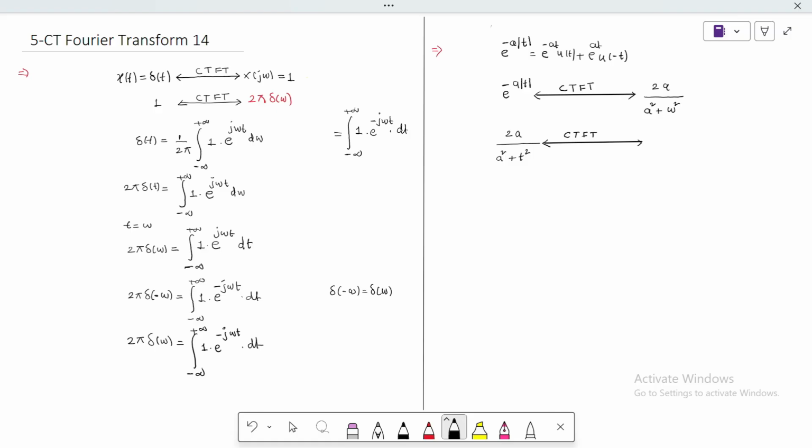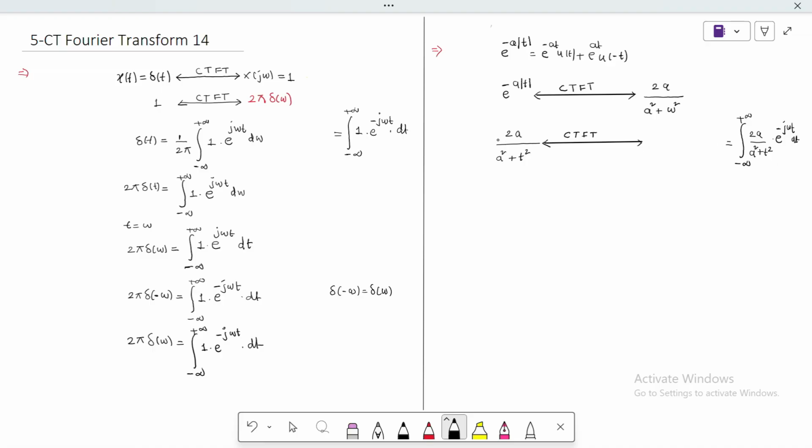First of all, we want to find this Fourier transform. So it is the integral from minus infinity to plus infinity of 2a by a square plus t square into e power minus j omega t into dt.